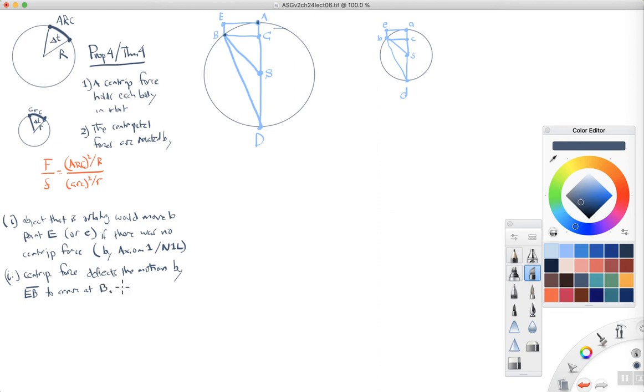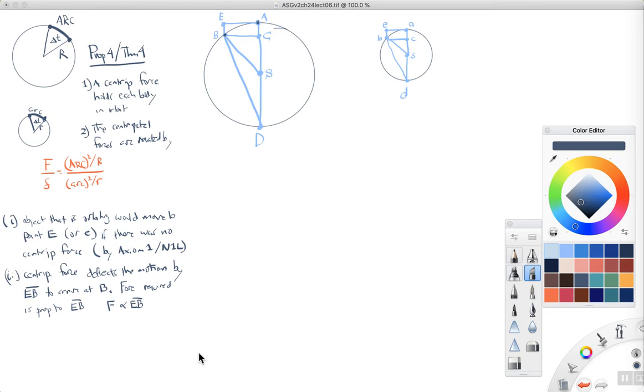And one additional point that I'd like to make is that the force required to do this is proportional to the length of EB. So in other words, the centripetal force is proportional to the length of the line segment EB. If the force was bigger, then the deflection would be bigger. If the force is smaller, the deflection would be smaller.